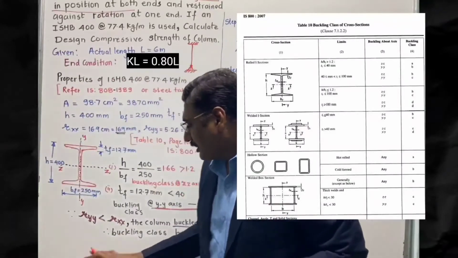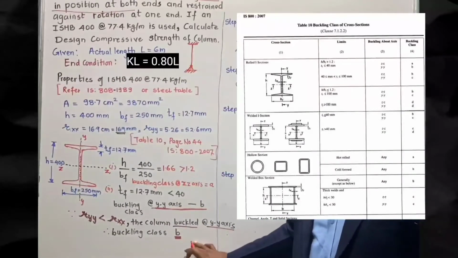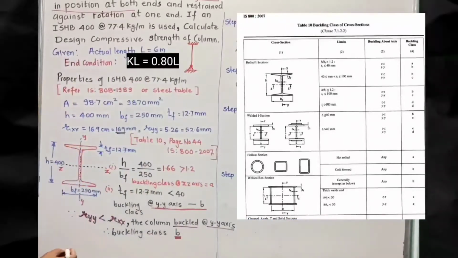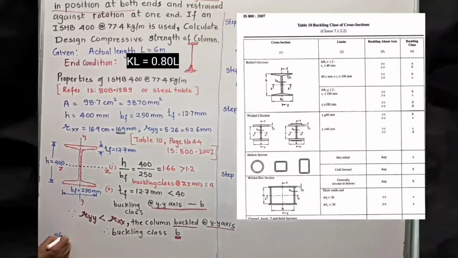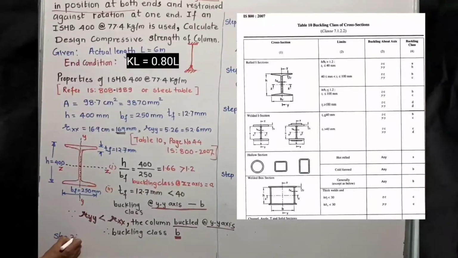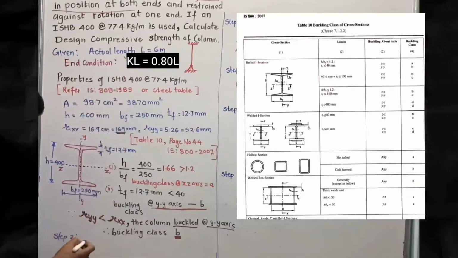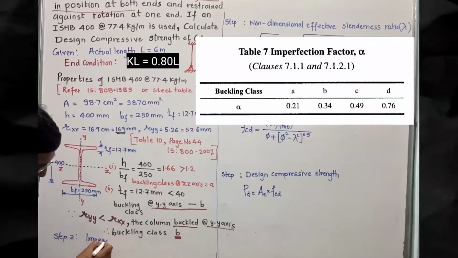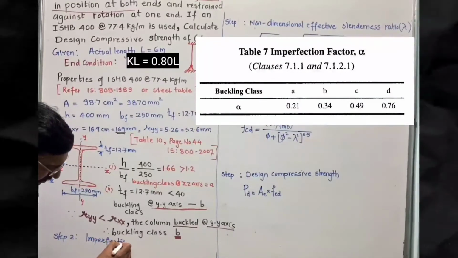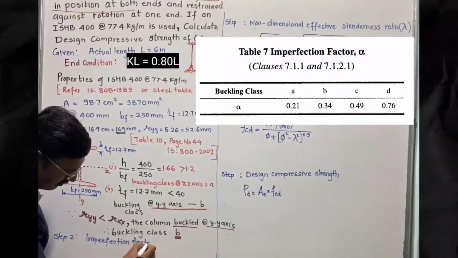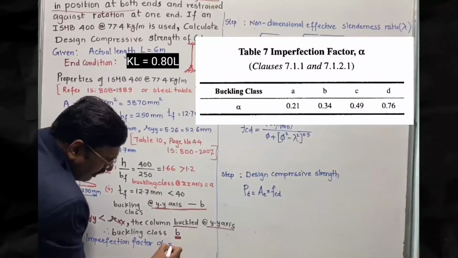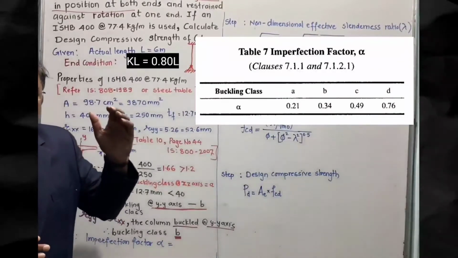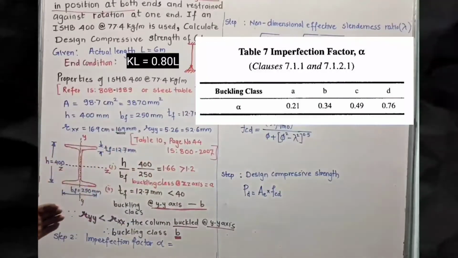So let me consider your buckling class of the section is B. Now for this buckling class of section B, let me find out step number 2. That is, after calculating the effective length, next is step 2, that is your imperfection factor. Imperfection factor alpha: you have to refer to table number 7 on page number 35.